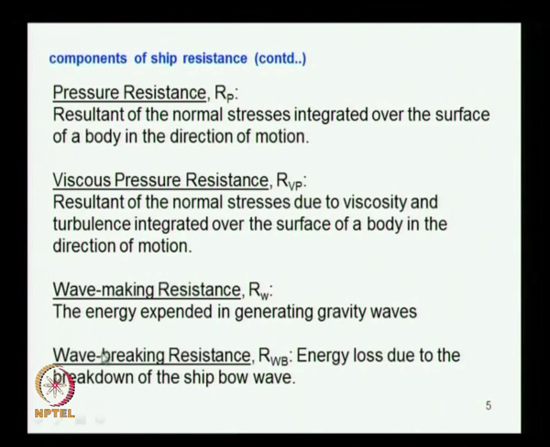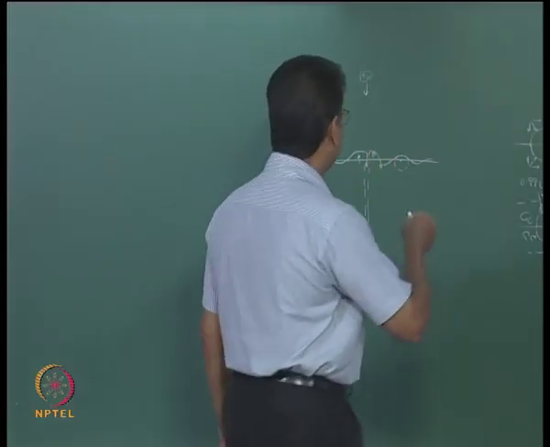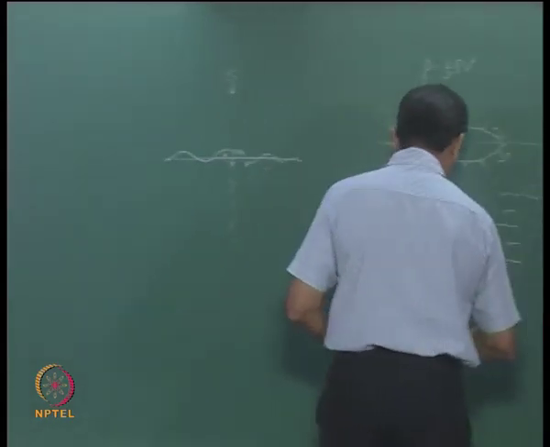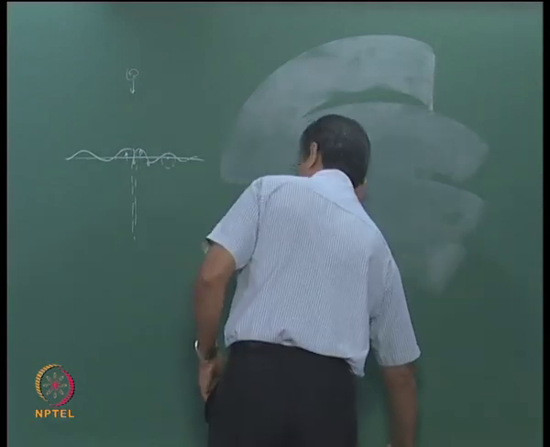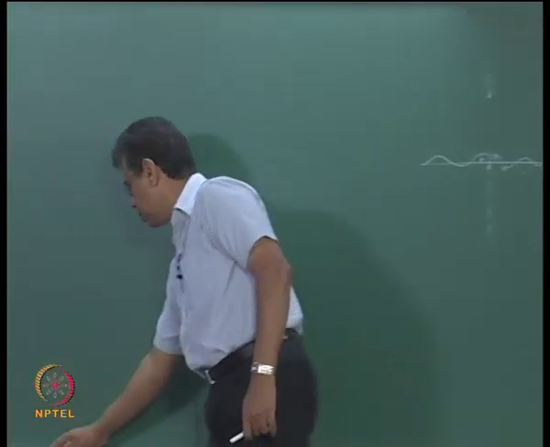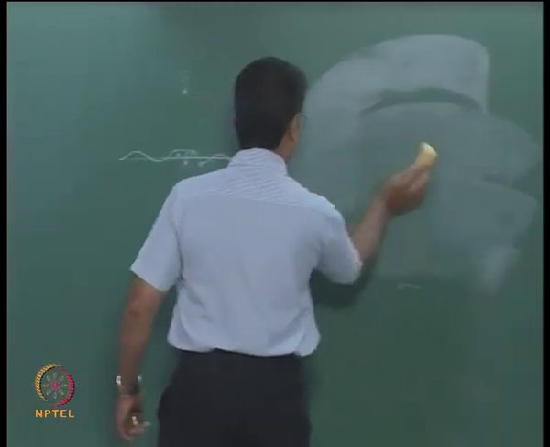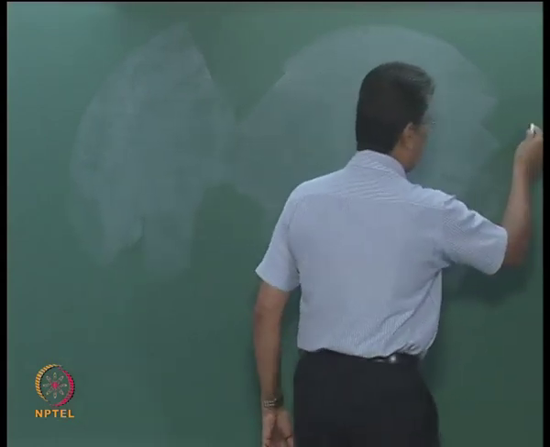The next one is the wave breaking resistance. You can see here, wave breaking resistance. When the ship is moving, okay, I will just draw it here.